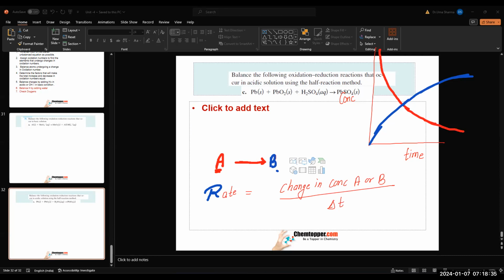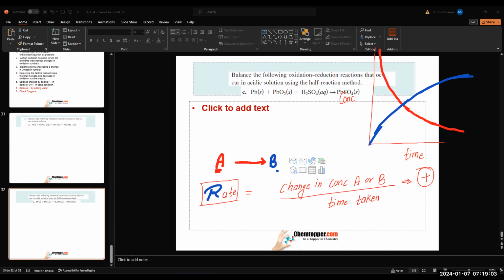So let's write down the proper definition here. Rate is defined as change in concentration of A or B over time taken. And rates are never with a negative sign. They are always with a positive sign. They have to be with a positive sign. So the rate is change in concentration per unit time.